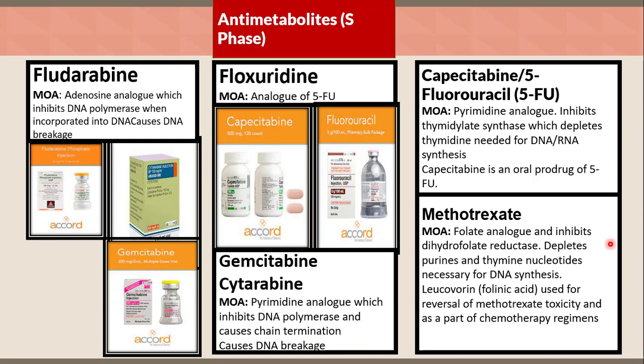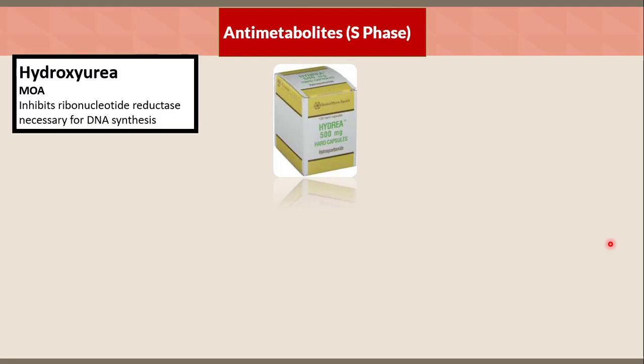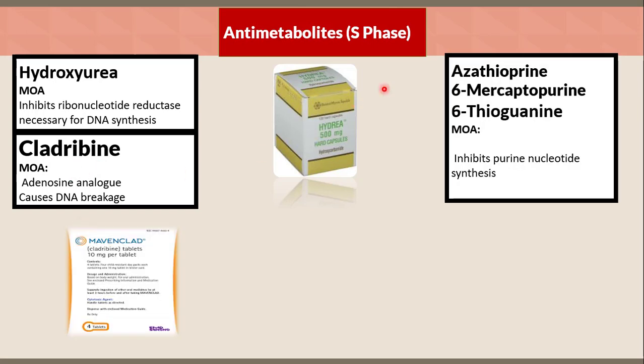Leucovorin, folinic acid, used for reversal of methotrexate toxicity and as part of chemotherapy regimens. Hydroxyurea inhibits ribonucleotide reductase necessary for DNA synthesis. Cladribine, adenosine analog, causes DNA breakage.